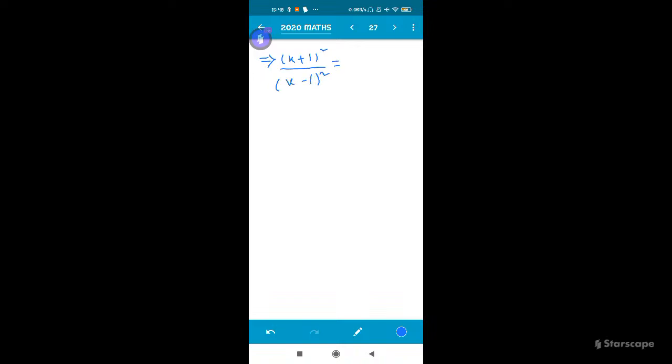And on the right hand side, you will get 2a plus 1 divided by 2a minus 1. Now we can expand it. So x square plus 1 plus 2x divided by x squared plus 1 minus 2x is equal to 2a plus 1 divided by 2a minus 1.